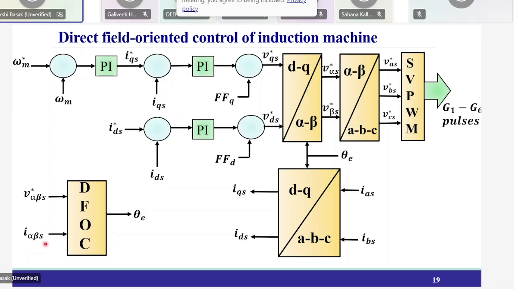So you will get these values, and from the reference voltages, you apply what is called the direct technique. I will show you what the direct technique is to get the value of theta e.